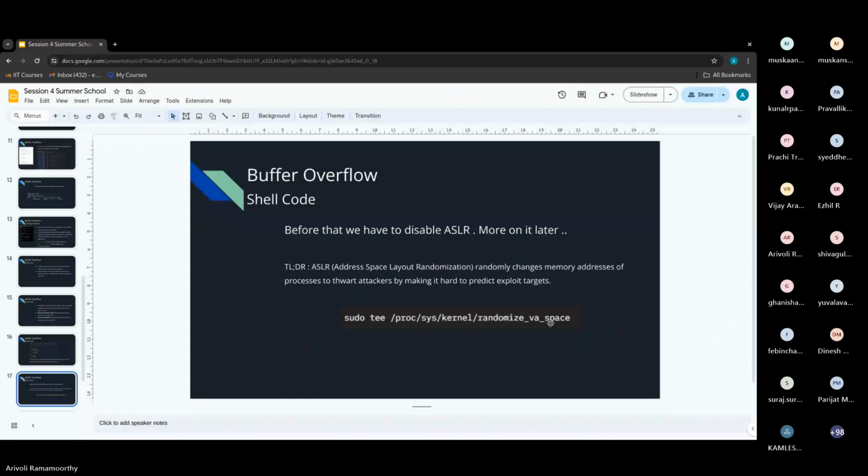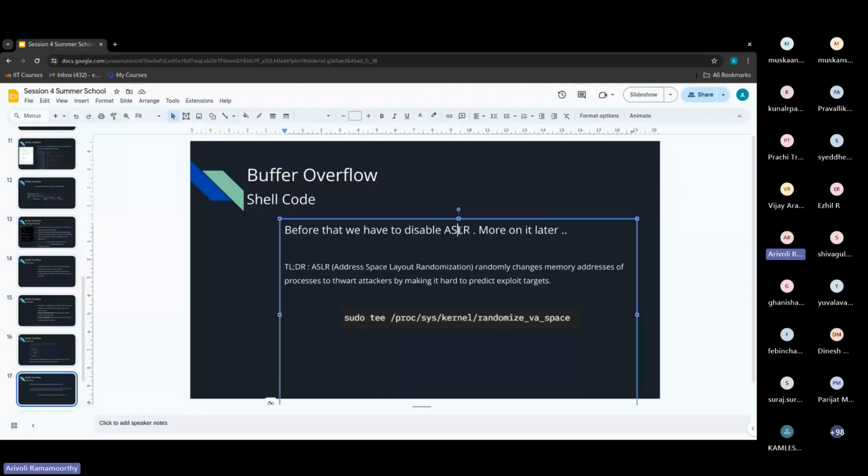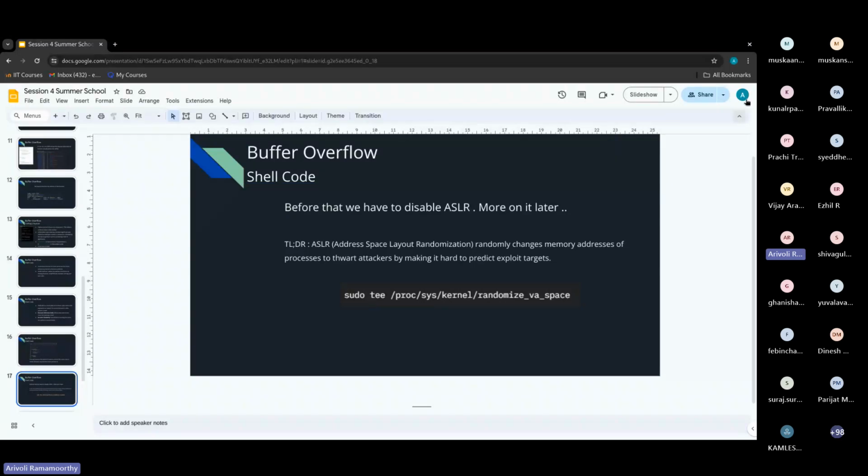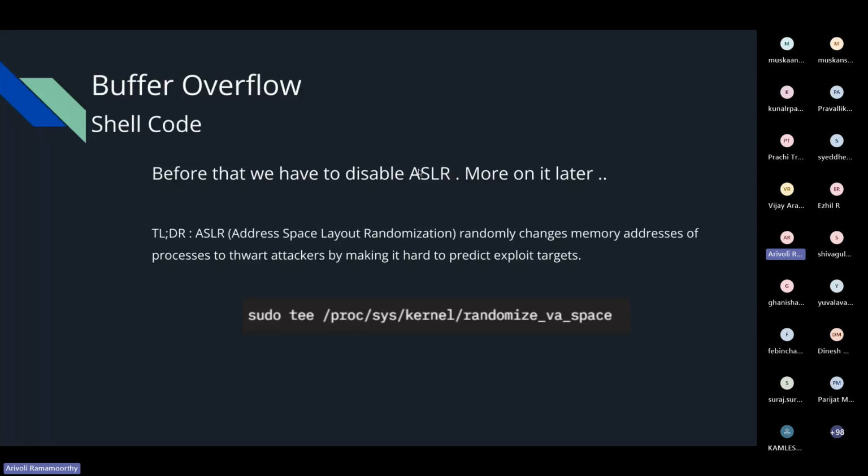Preferably don't do this. What this does is disable ASLR. This is a safety measure that protects your kernel and stuff. You'll learn what ASLR is later. It's called address space layout randomization.